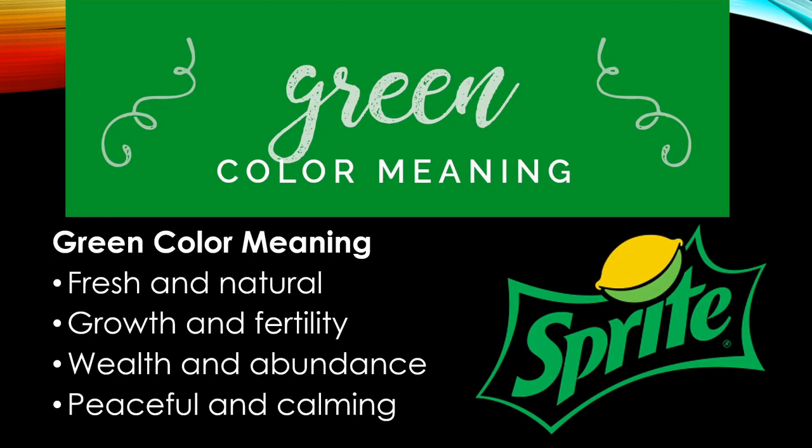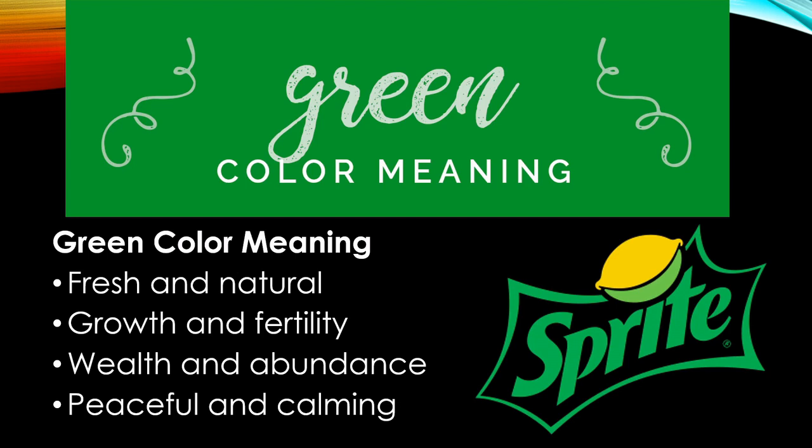The next one, and you see this a lot in logos, is the color green, which is fresh and natural, or shows growth, and also could symbolize wealth or peacefulness, and most of all, it shows calming emotions or calming feelings. For instance, like Sprite, it is fresh, and you can see the fresh with the lemon that you see there.